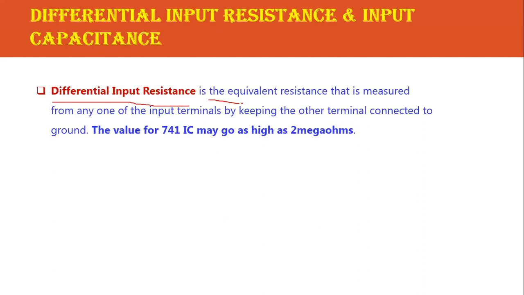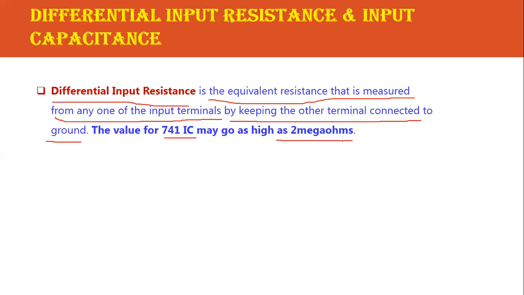It is the equivalent resistance measured from any one of the input terminals by keeping the other terminal connected to ground. Ideally this value should be infinity, but practically the typical value for IC741 is as high as 2 mega ohms.